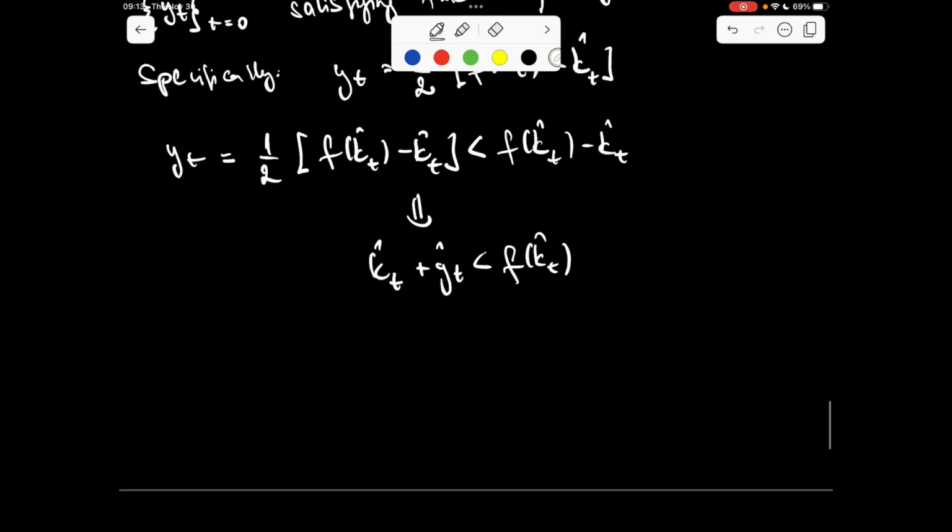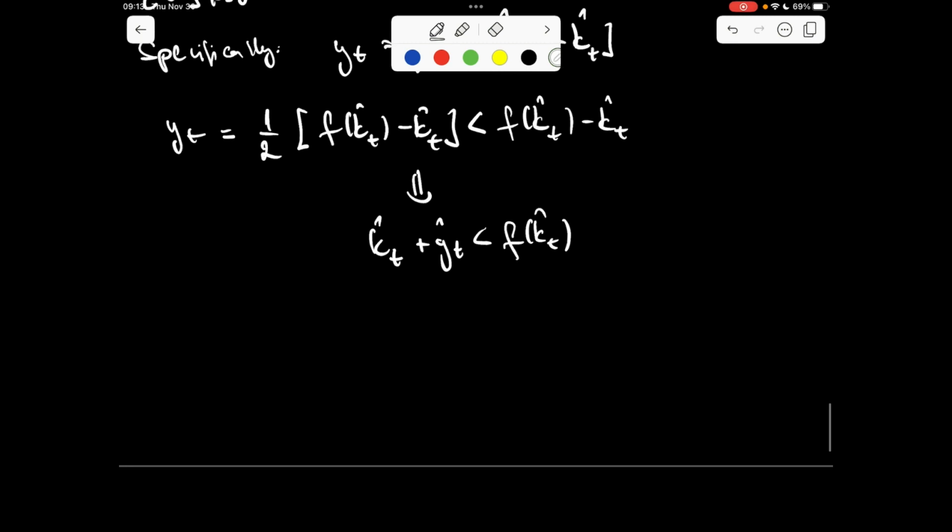Okay, so given that the capital path is constant, this is constant. So this is also constant, unchanging, I mean.